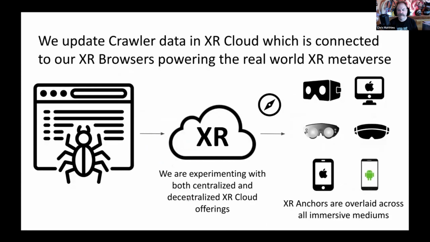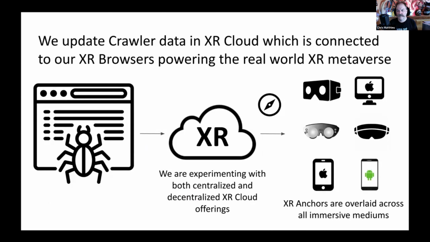So once that's in there, as I mentioned earlier, we crawl that, we add it to our XR cloud, and immediately it's accessible in any of our XR browsers. So whether you're VR or AR, immersive, or even just mobile devices or laptop, and you're teleporting to those areas, all of those spatial anchors automatically show up as we crawl, and updates.